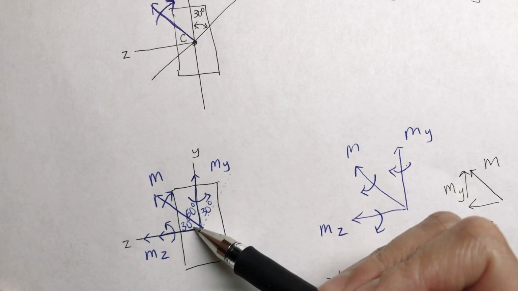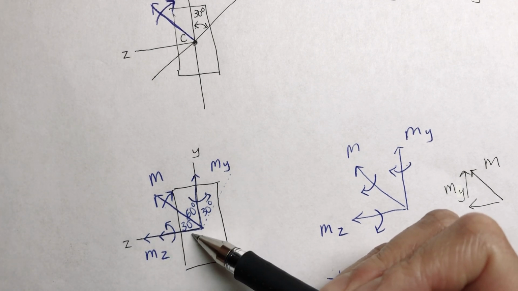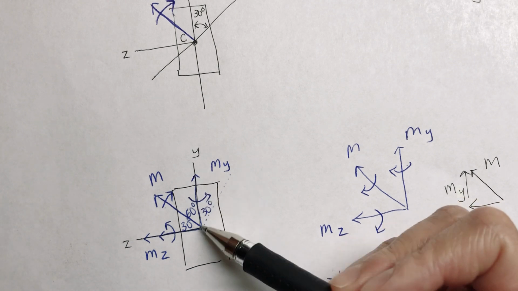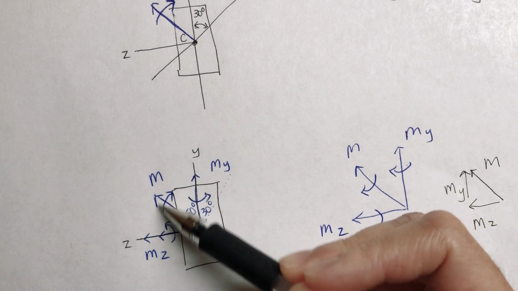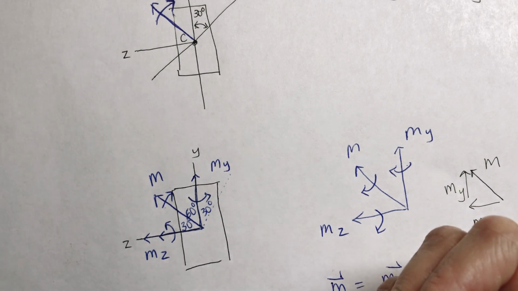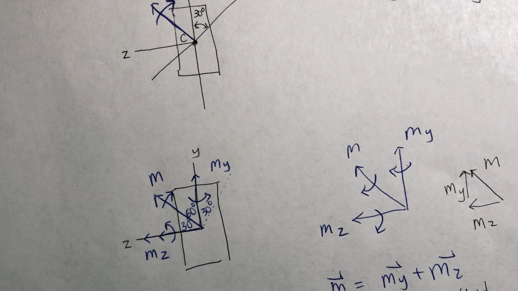Okay, so theta is 30 right here. So Mz is M cosine theta. My is opposite this angle, so that's M sine theta, M sine 30 degrees.